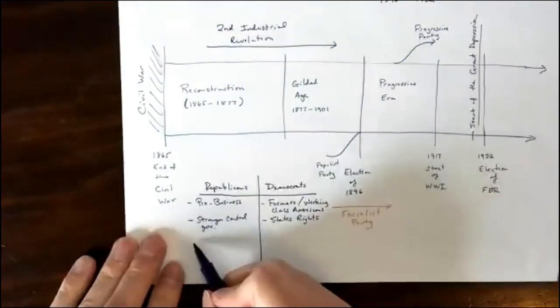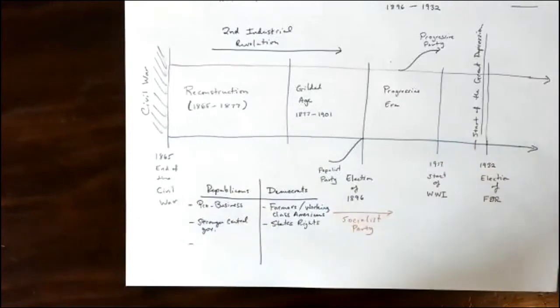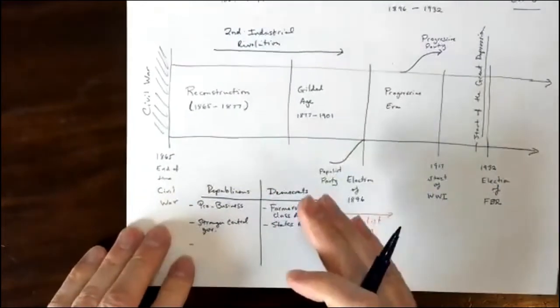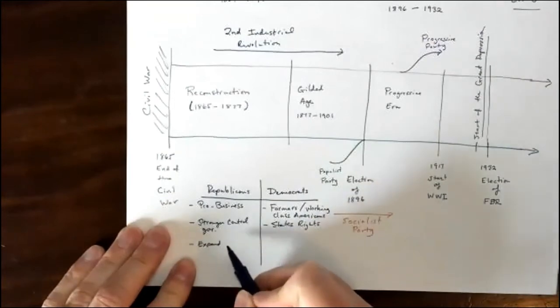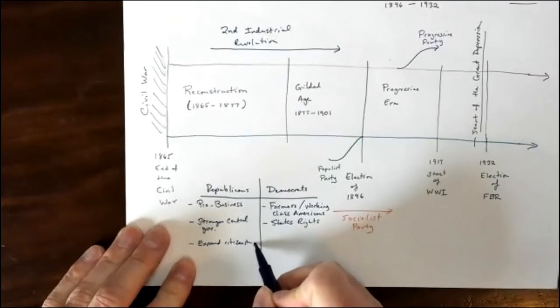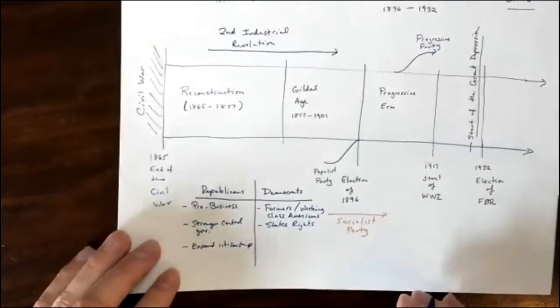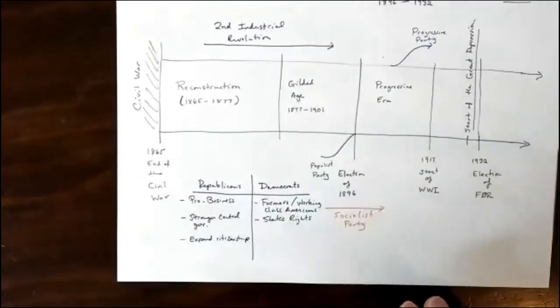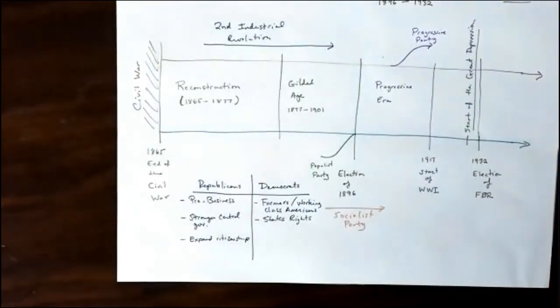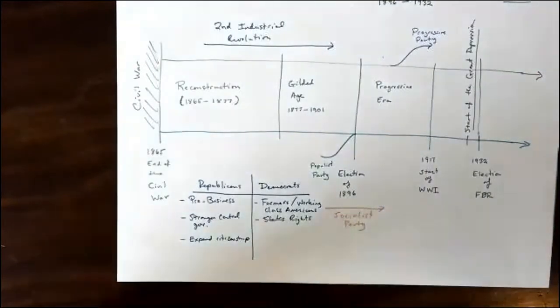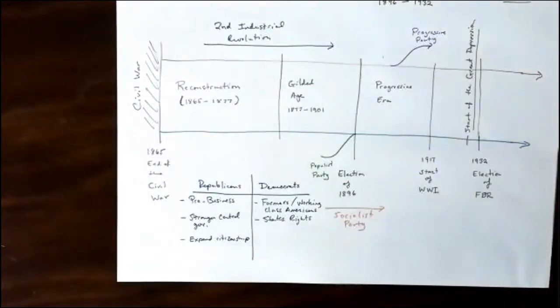The Republicans in the aftermath of the Civil War are going to look to expand citizenship, specifically of African Americans, as we see them pushing for African American voting rights, obviously granting citizenship to African Americans in the form of the 14th Amendment.